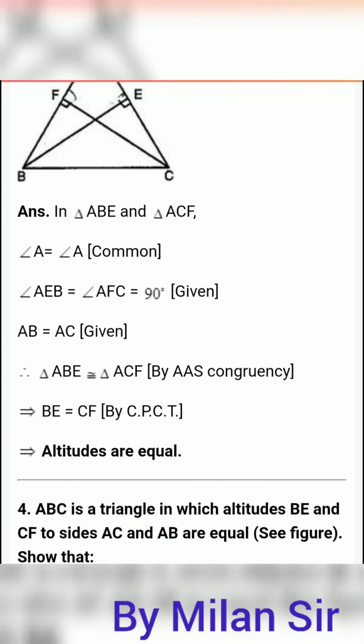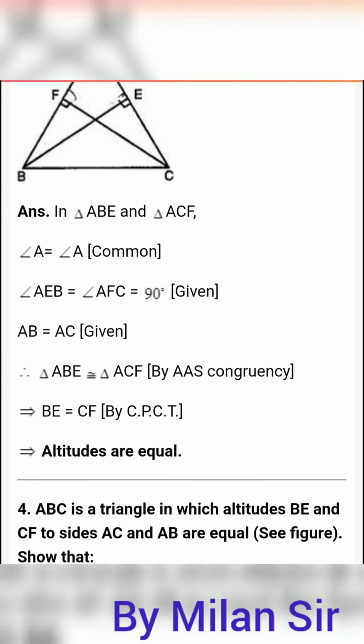First of all, draw the two triangles separately. First triangle ABE. Now in that we know that BE is an altitude. Altitude means it makes a 90-degree angle. Now the second triangle ACF. Here CF is an altitude, so 90-degree angle.